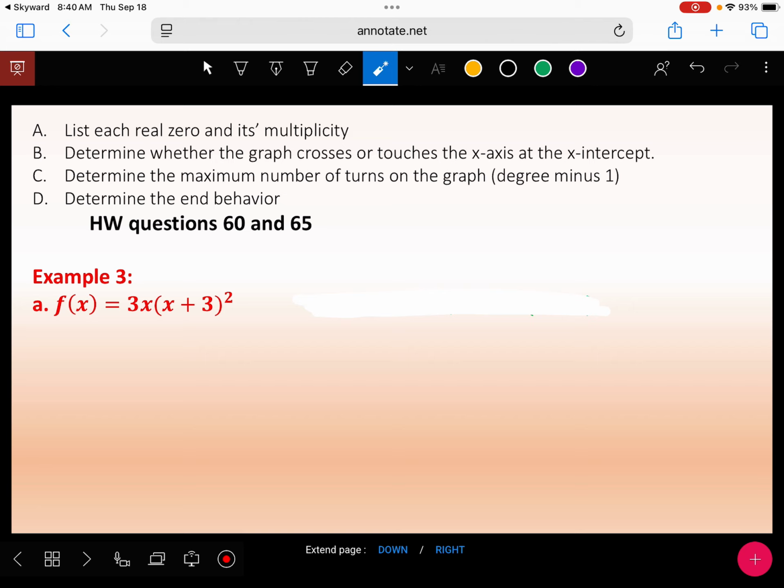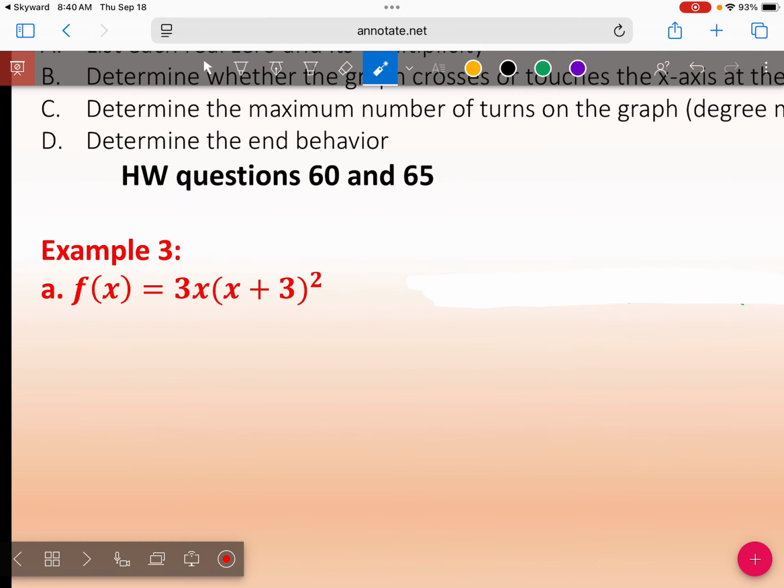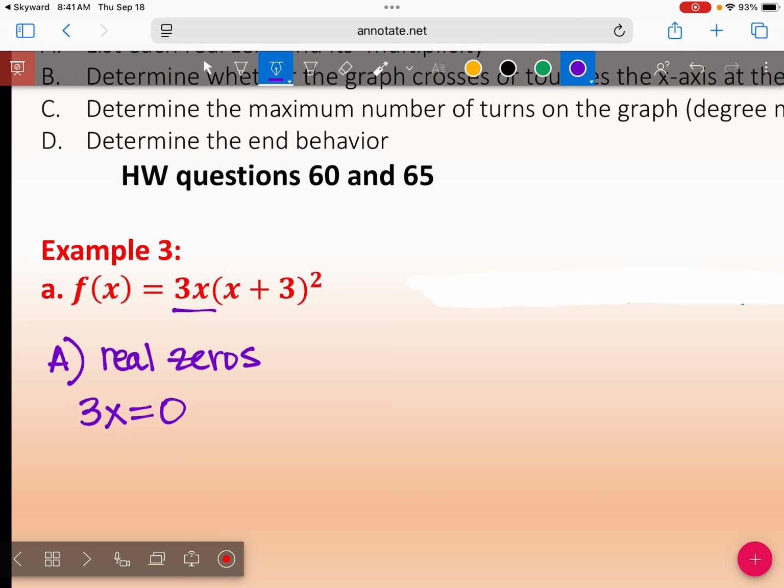All right, so the first thing we need to do is list each real zero and its multiplicity. So we have our first factor here, which is 3x. This is part A. How many real zeros do we have? For real zeros, we set our factors equal to 0. My first factor is 3x.